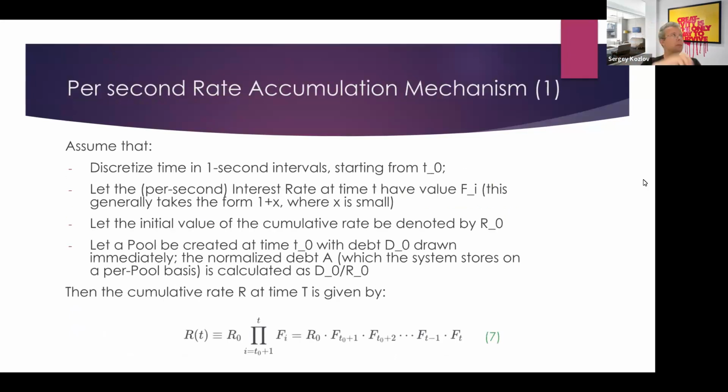Another quite complicated concept, which is connected to the ability of smart contracts to work with a large number of deposits, and how to avoid an extreme number of calculations and save on gas fees, is this per second rate accumulation mechanism. I will not deep dive into the details of how it works, but the idea is that we calculate a 1 second interval, and we understand by which interest rate each second we have to increase our initial interest rate.